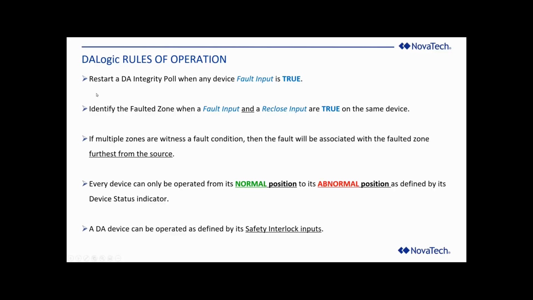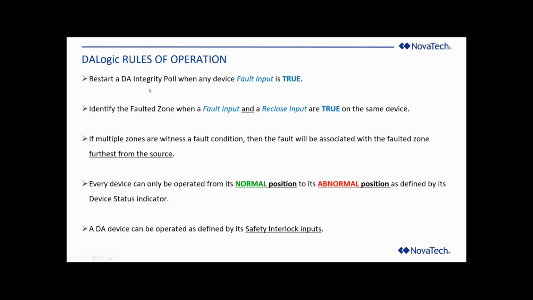When a fault is identified in the field, and by being identified, it's configured in the DA configuration as a piece of information to pay attention to, the DA system will stop doing the polling sequence that it is currently doing to all of the line devices in the field and in substation, and it will start a DA integrity poll.